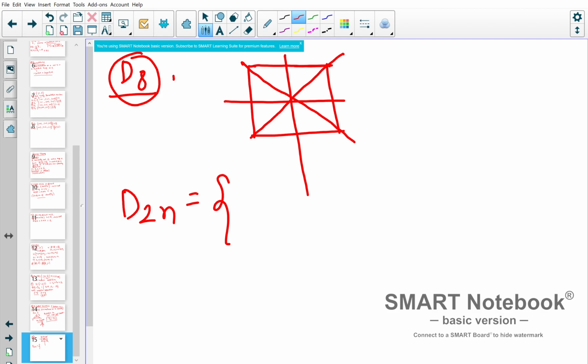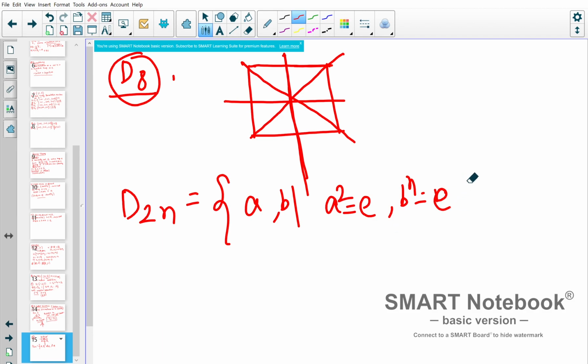It is generated by 2 elements a and b such that a squared equals identity. Here a is the reflection, so when you reflect with respect to this line twice, you come back to the same place, and that is the identity. Similarly, b to the power n equals identity: for n points, if you rotate n times, you are in the same position.